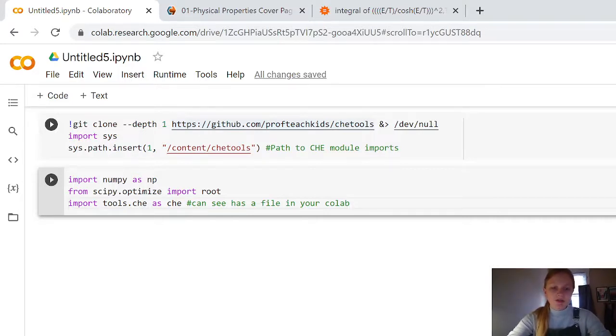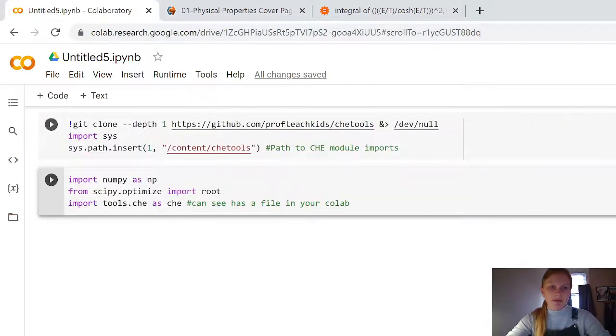Okay, so this is what we start with. This I just imported from our GitHub site, and we also have our numpy as np, and we're going to use our root solver. And then these are our tools, so we can see these as a file, and this is what gives us our different coefficients and parameters for that.